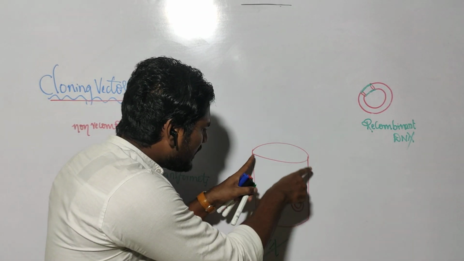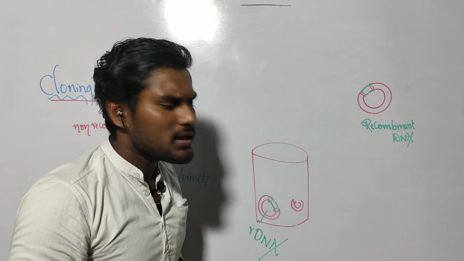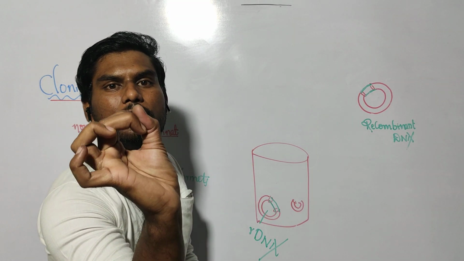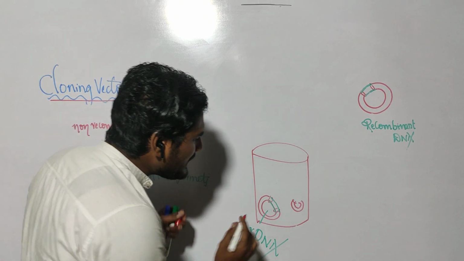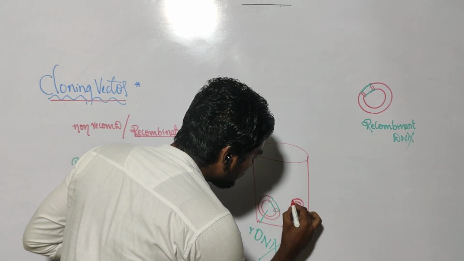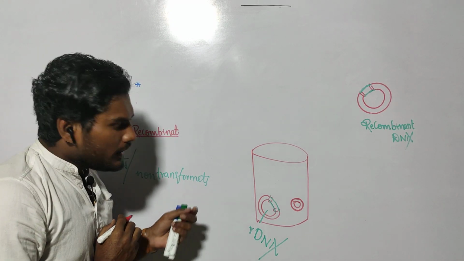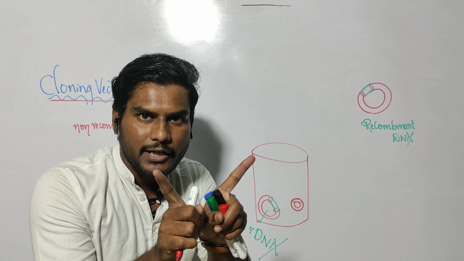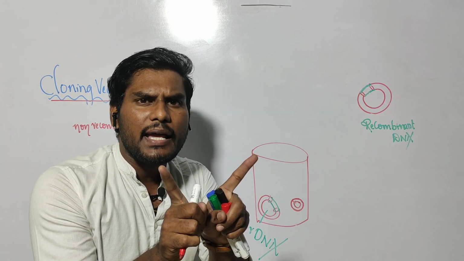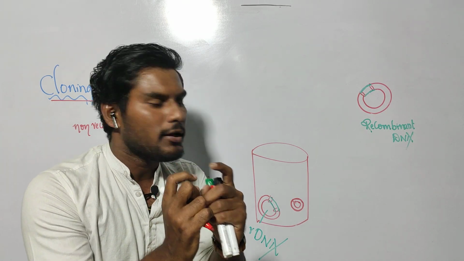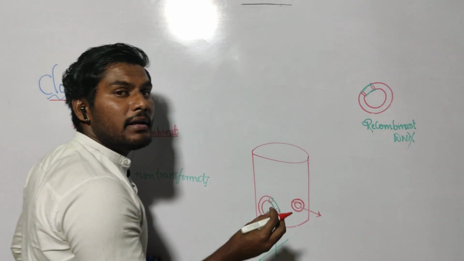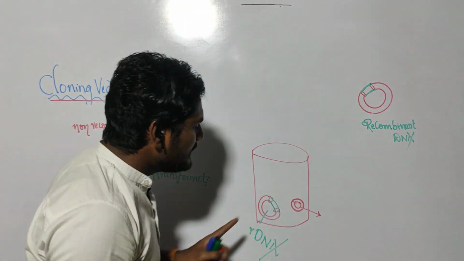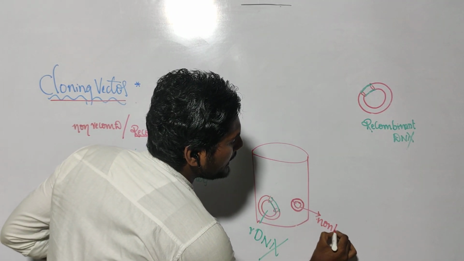Yes, this is ended, but there is no more gene of interest now. Immediately these two ends are also acting as glue, and immediately these two joined. See, they made a mistake to us; they're fooling us. They got cut with the restriction endonuclease and didn't attach with the gene of interest, and they immediately get joined. Here, is the gene of interest present or absent? Absent. This is called non-recombinant.